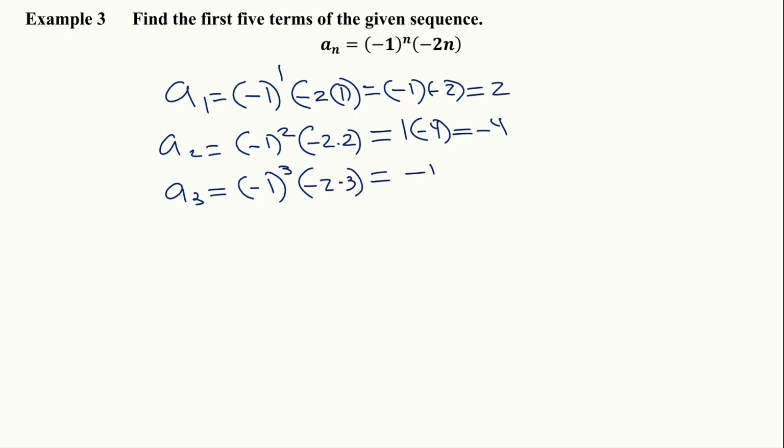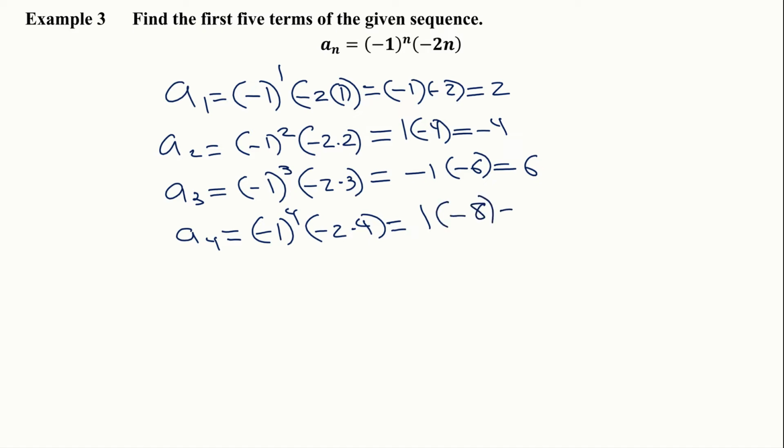So you get -1 times -6, which is going to be +6. a4 is going to be (-1) to the 4 times (-2 times 4). So it's going to be 1 times -8, which is -8.